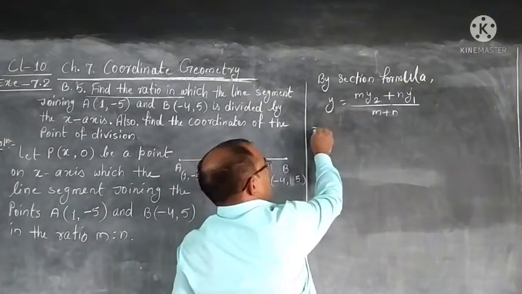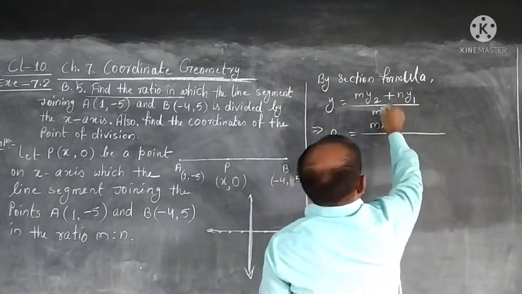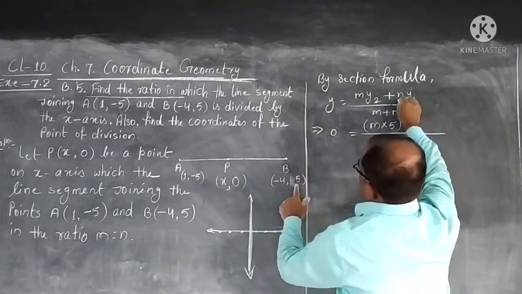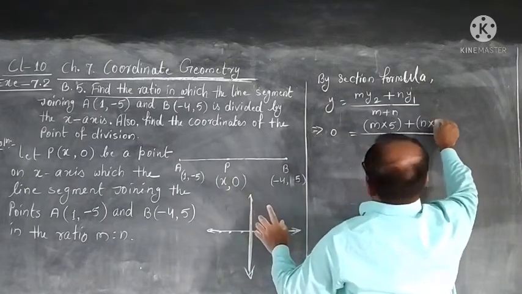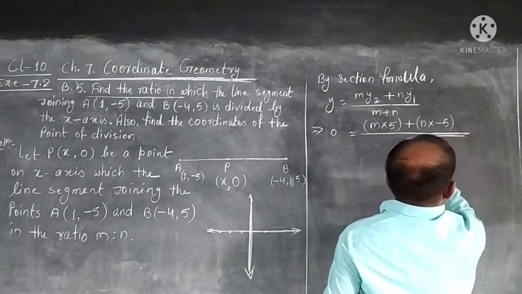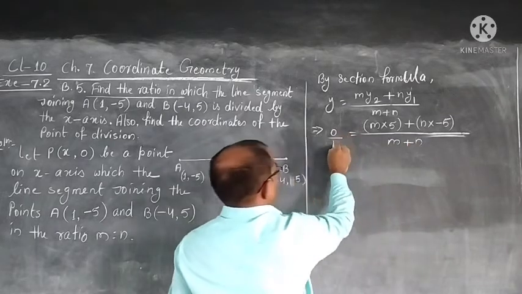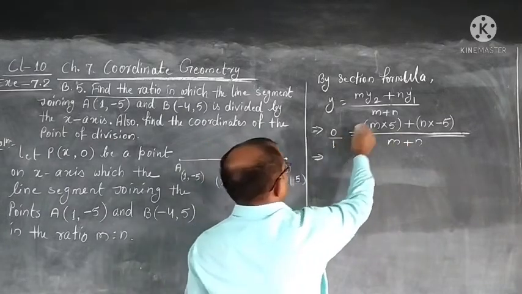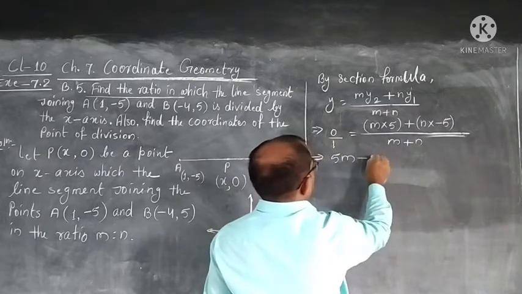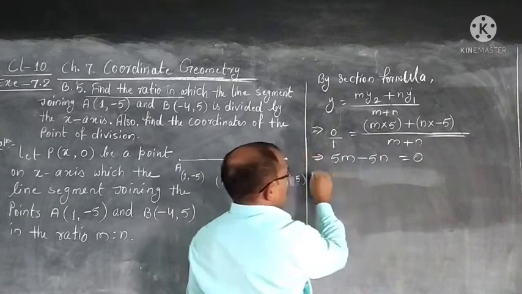So, y we have value 0, y2 is 5, y1 is -5, m plus n remains as it is. We do cross multiplication at this step: 5m, minus 5n is equal to (m plus n) into 0.